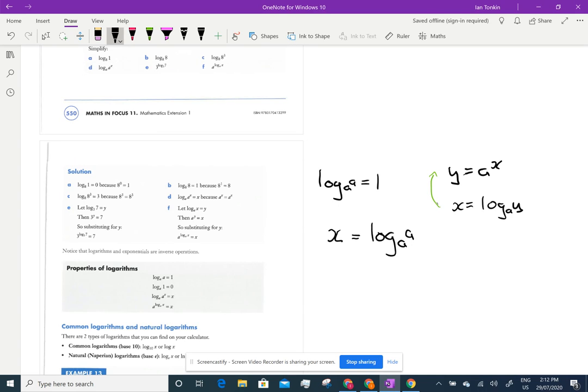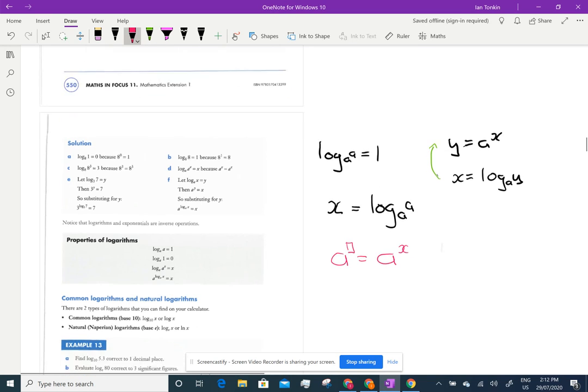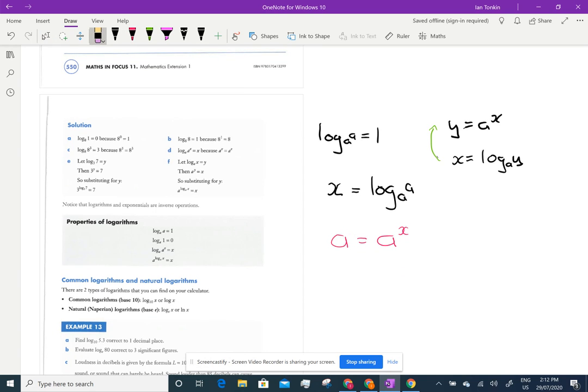I've drawn the green arrow. So this x goes up into the power. So when I solve this, I'm going to get a equals a to the x. Now, what value is x going to be to make that true? x equals 1, because there's a 1 there, even though it's not written.